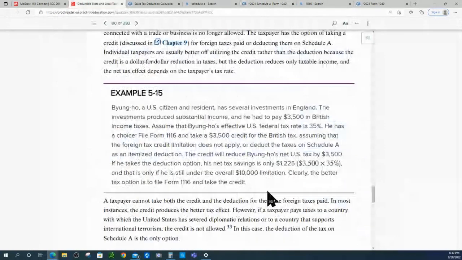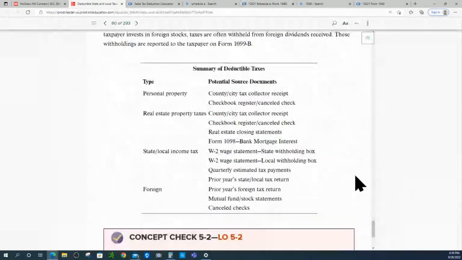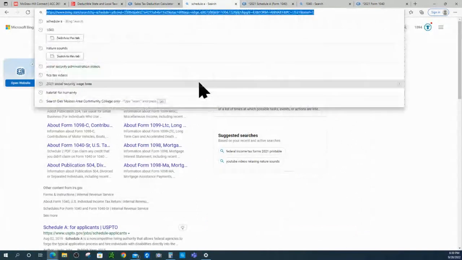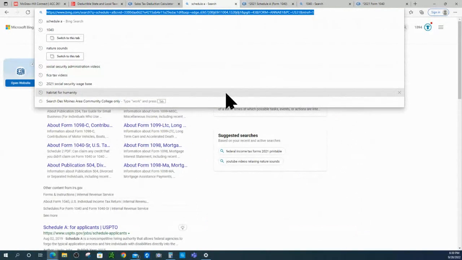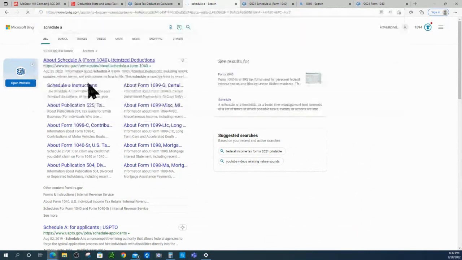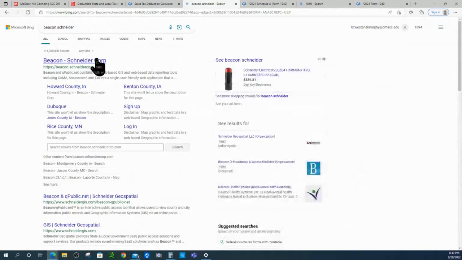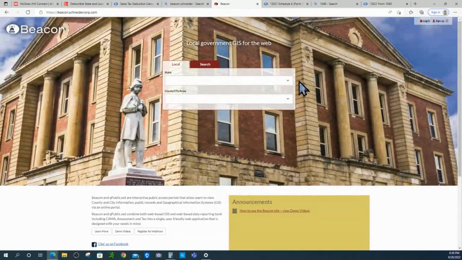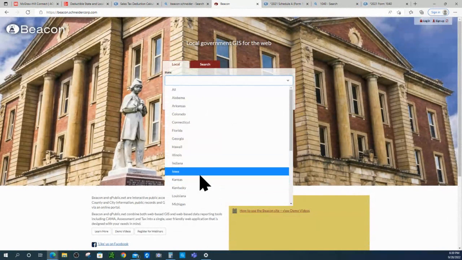Questions about state and local taxes? So this is just an example of the types of documents. By the way, you can look up property taxes, and I would use this all the time. Polk County doesn't do this. They've got their own search mechanism, but you can go to all these states.